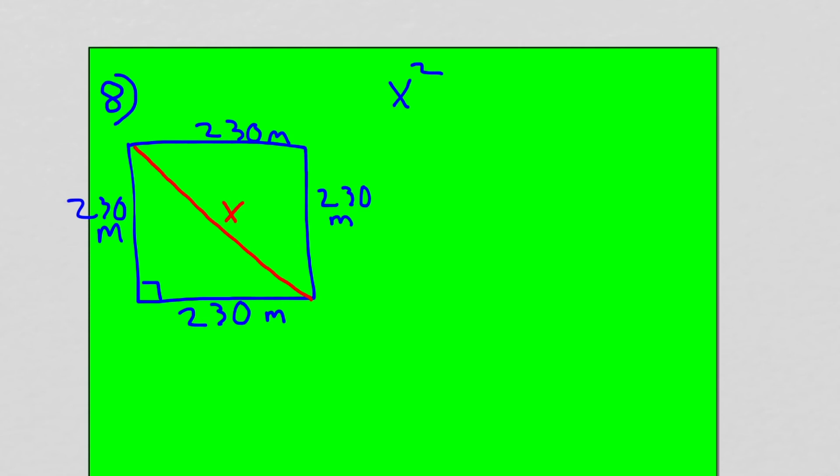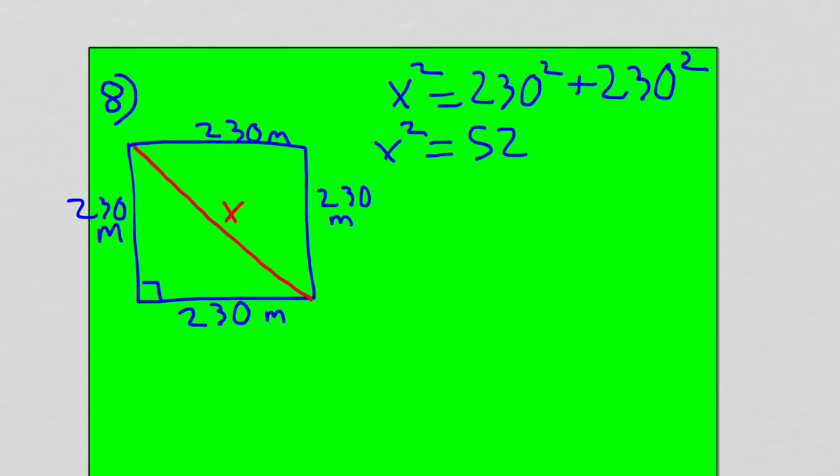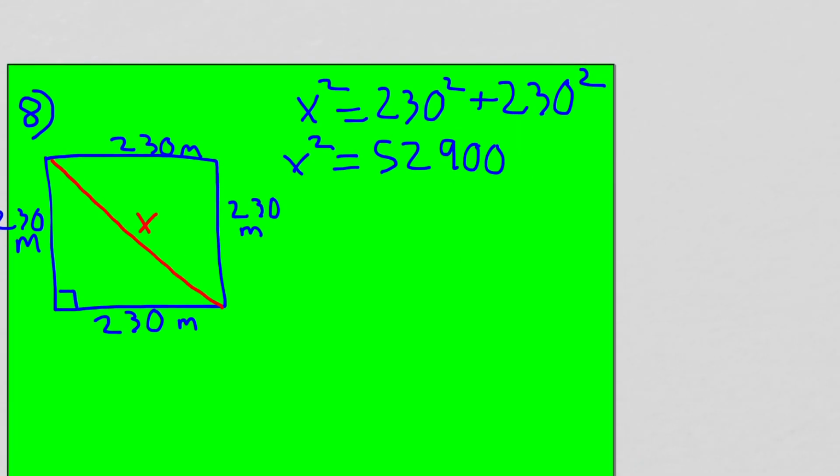X squared equals 230 squared plus 230 squared. As you can see, as we start to solve some of these problems, this is why I'm allowing the kids to use the calculator app on their phone or a calculator, because we're going to be dealing with some really, really big numbers and really big square roots. Not that they're not capable, but that's not going to be our focus right now. So 52,900 is 230 squared, and we have to do that twice, right? 52,900.